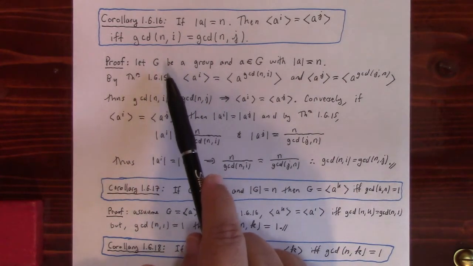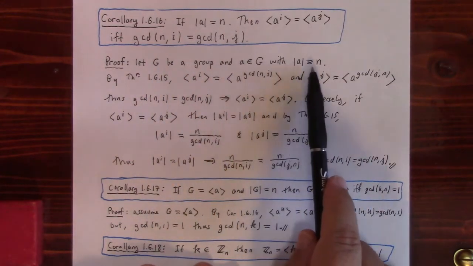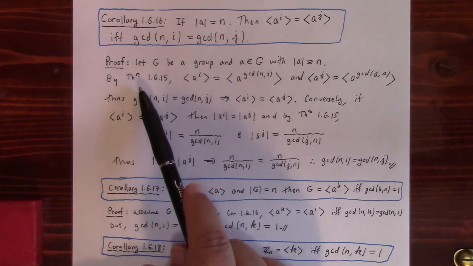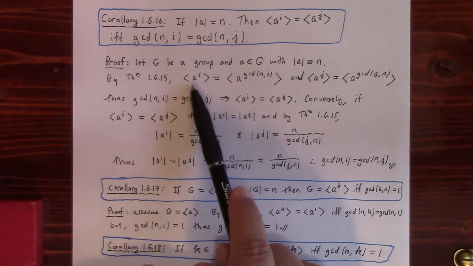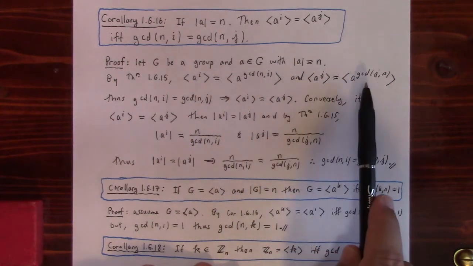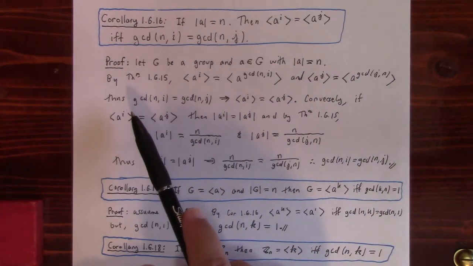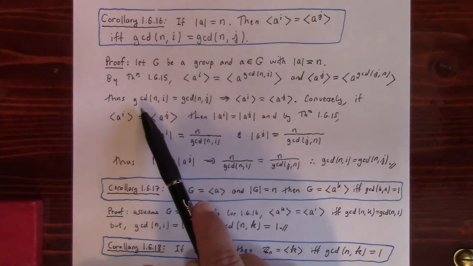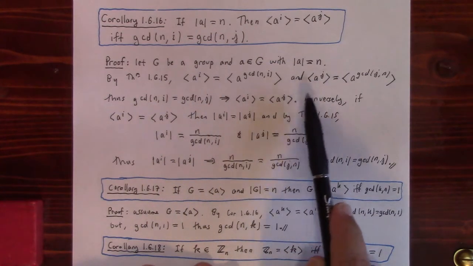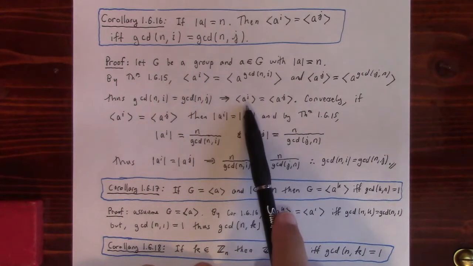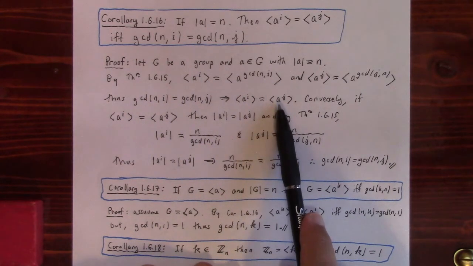You let G be a group, a an element of G, the order of a being n. Then by theorem 1.6.15, which is the one we just proved, the subgroup generated by a^i is equal to the subgroup generated by a^gcd(n,i), and likewise for j. Thus, the GCD of n,i equal to the GCD of n,j implies that the subgroup generated by a^i is equal to the subgroup generated by a^j.